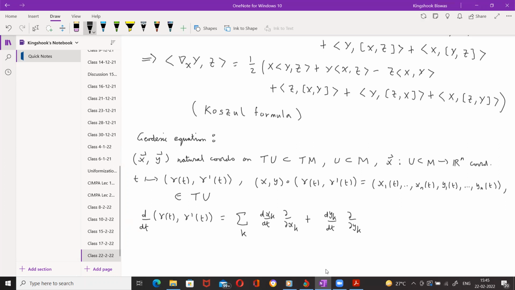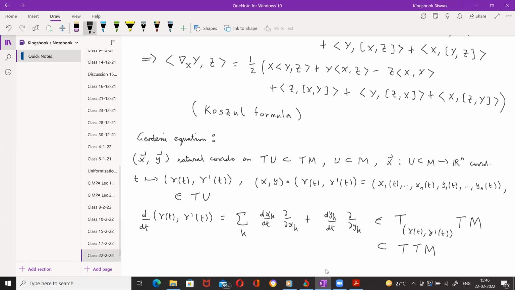Yes. So what kind of object is this? This is an element of the tangent space at the pair (gamma(t), gamma prime(t)) to the manifold TM. So this is an element of the double tangent bundle. So this is a subspace of TTM, the double tangent bundle. In other words, the tangent bundle of the tangent bundle.